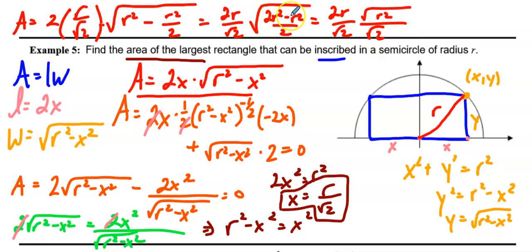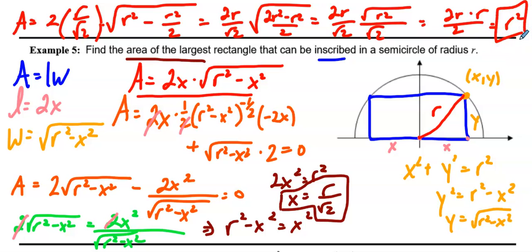I simplified this by subtracting, and then I did the square root of the top over the square root of the bottom. And so I'm going to get 2r times r all over the square root of 2 times the square root of 2, which is just going to actually be 2. So let's make that just 2. And that ends up just being r squared.